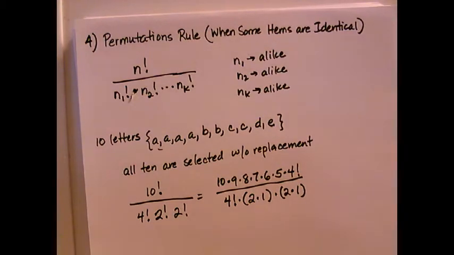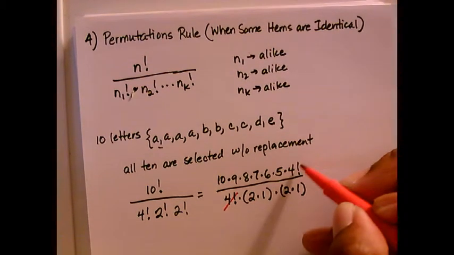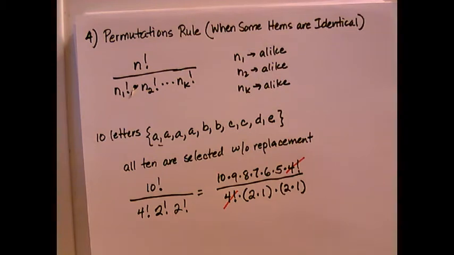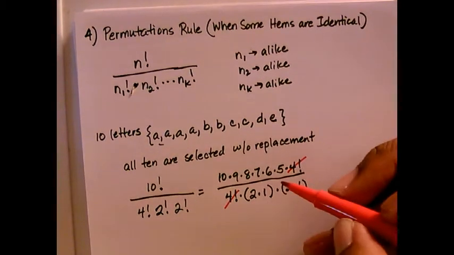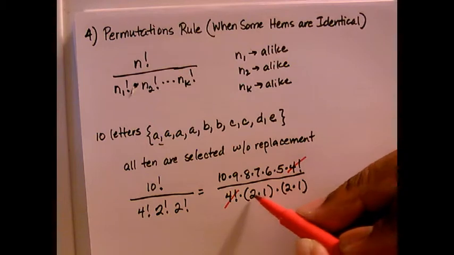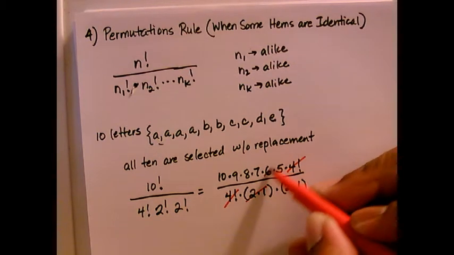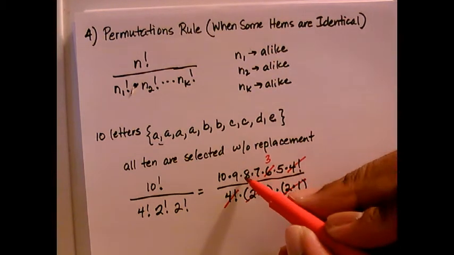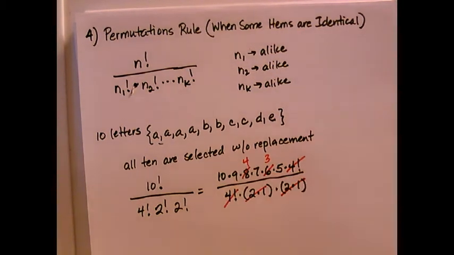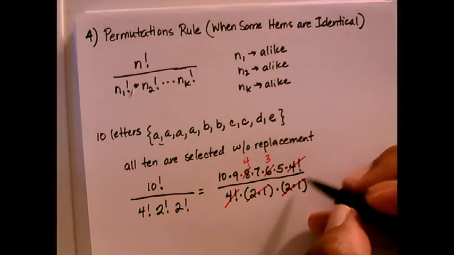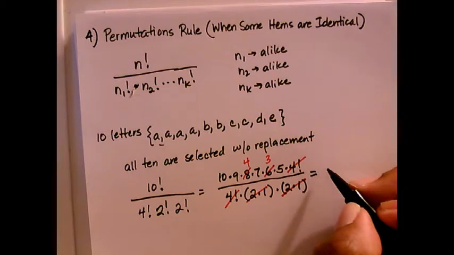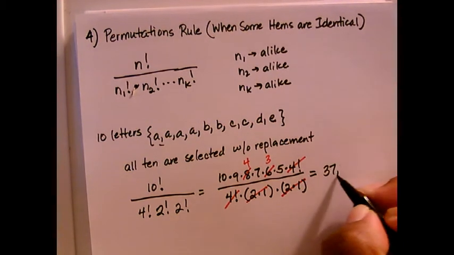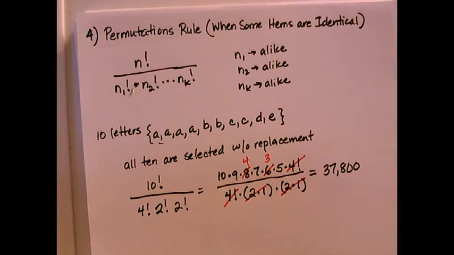So in this case here, the 4 factorials divide out, and also a 2 times 1, that's 2, that can go into 6 3 times. 2 times 1, that's also 2, that can go into this 8 4 times. So I have 10 times 9 times 4 times 7 times 3 times 5, which will end up being 37,800.